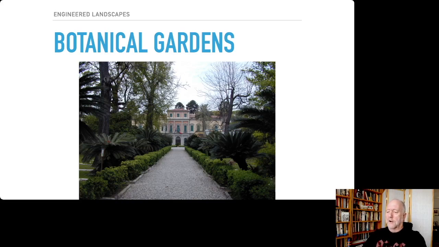But there was another kind of garden, and this one was more politically and economically based. It's what we now call botanical, or in Melbourne, botanic gardens, and it's closely linked to the history of botany itself. Early botanical gardens of the 16th and 17th century were medicinal gardens, often associated with universities.